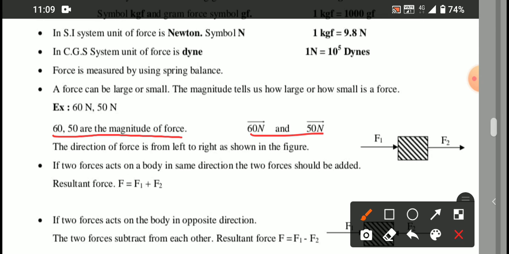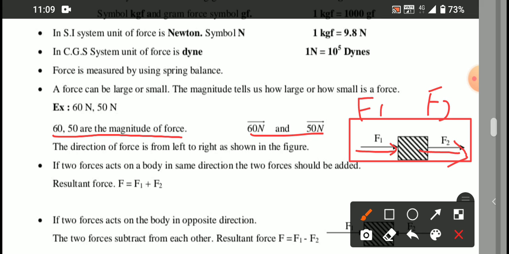See the given diagram of the forces. Both are acting towards the east side and they have named the forces F1 and F2. In the middle, the object is moving in the east direction.